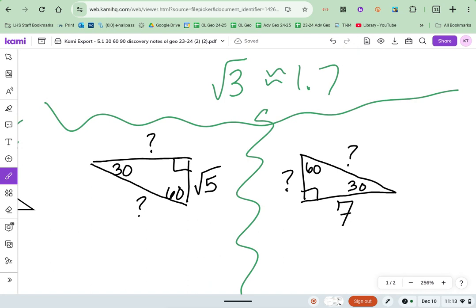So start by just labeling your triangle and put your x, 2x, and x root 3 in the picture.